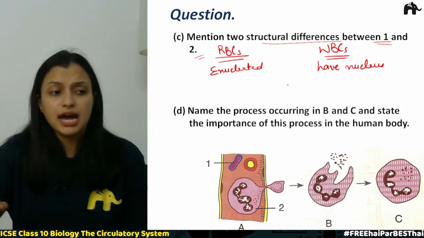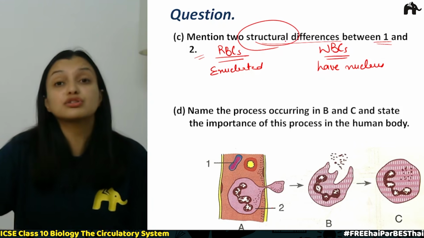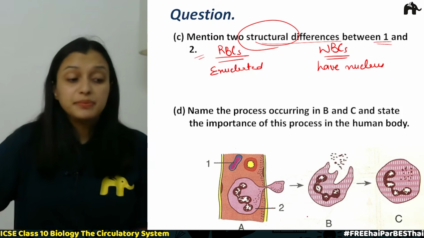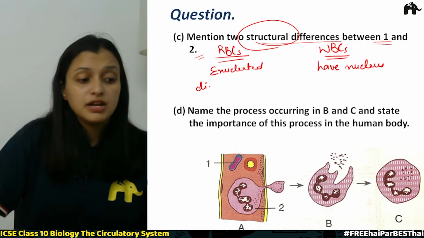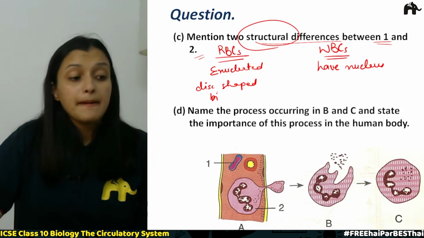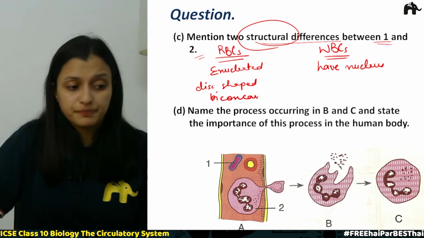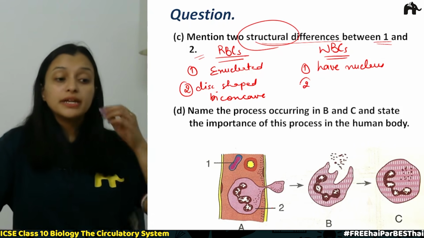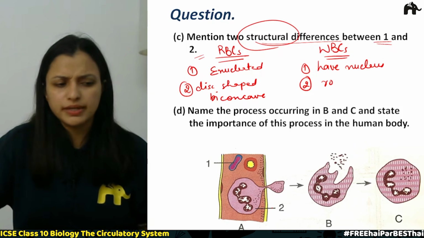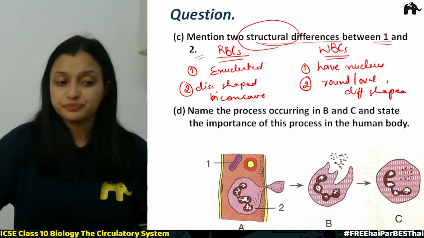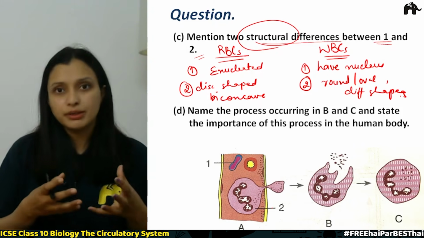We have to talk about the structural difference. RBCs are disc shaped, biconcave. Over here, the WBCs are usually round or oval or of different shapes, but they are not biconcave.